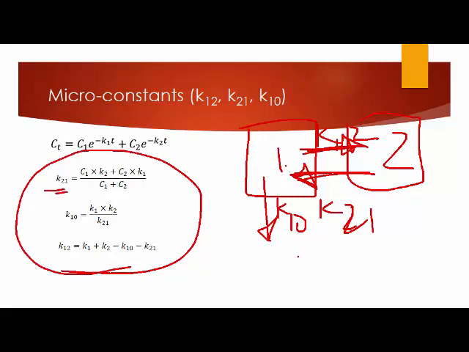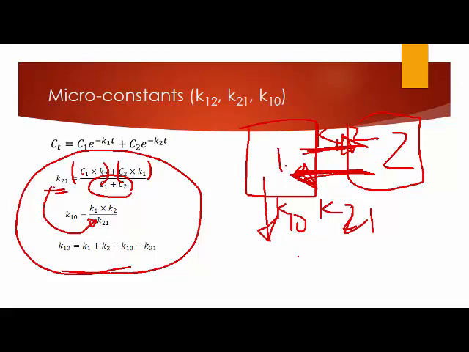Now you can figure out all of your micro constants by using your macro constants. You start out by figuring K21 first. That might not make sense, but that's how we do it. You take your y-intercept from your first compartment times your K2, plus your C2 times your K1, all over the sum of the two y-intercepts, and that'll give you your K21. You figure that one out first because you need that to figure out your K10.